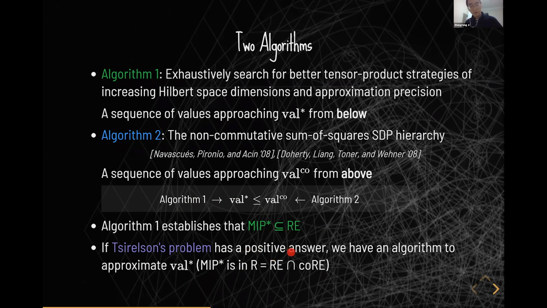But at least there will be an algorithm for approximating this value. So given any epsilon, I would be able to tell you what the value is with an error of epsilon. That's a complexity theory consequence of Tsirelson's problem having a positive answer, meaning that MIP star is then in R, which is a subset of RE.